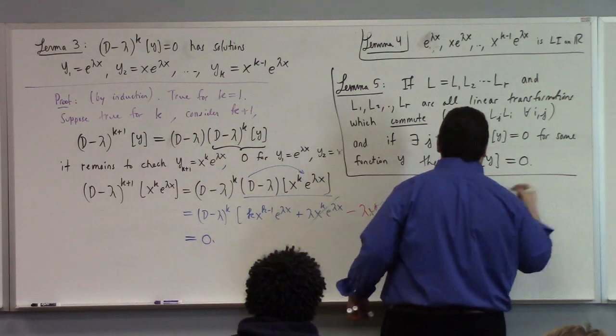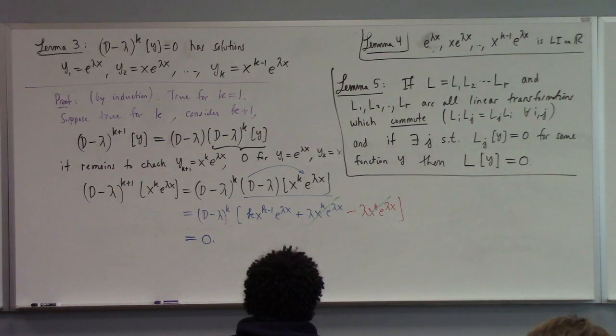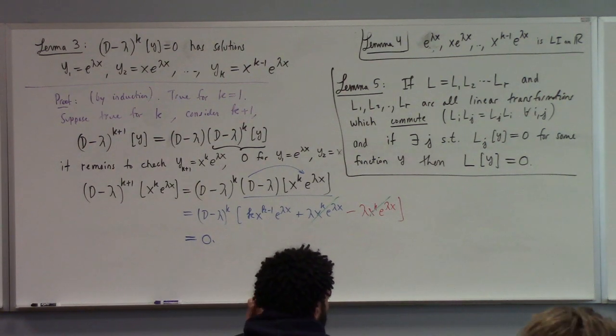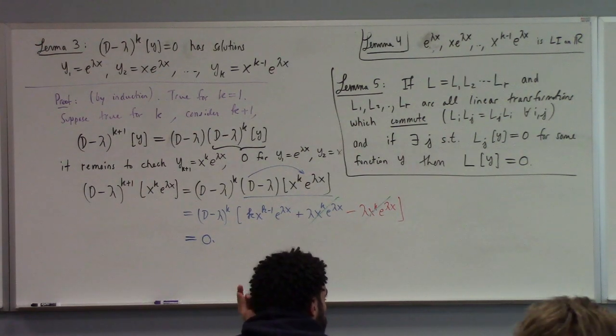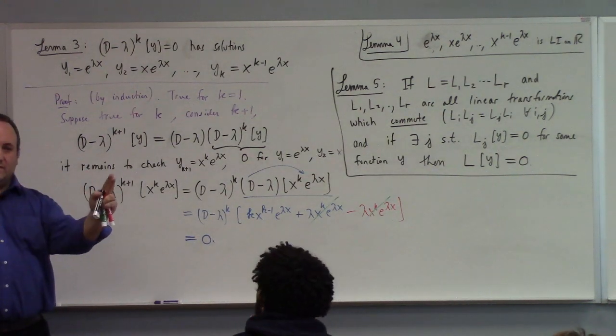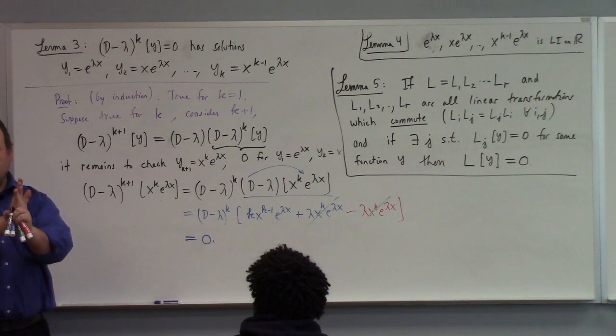This is a huge one. This lemma is huge. What it says is that if we're trying to find things that are 0 when we have this composition of r operators, if we can make any one of these in this list of commuting operators send the function to 0, we send them all to 0.